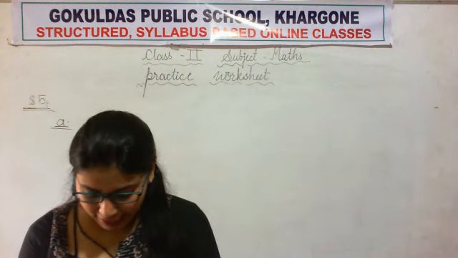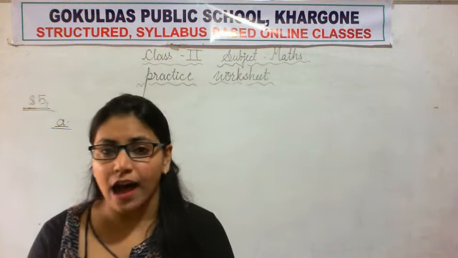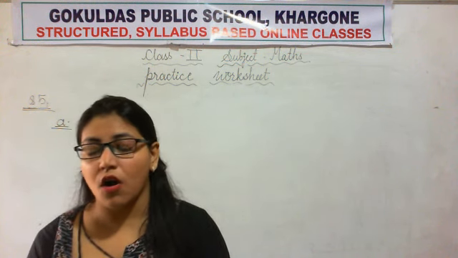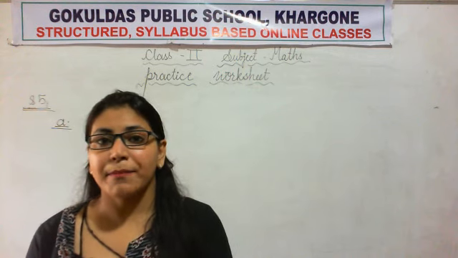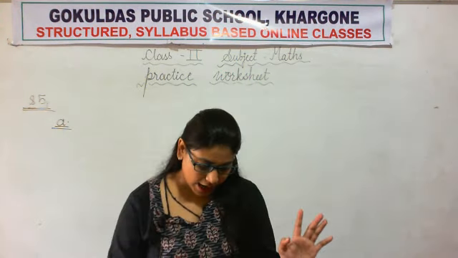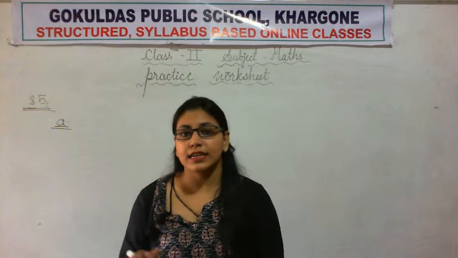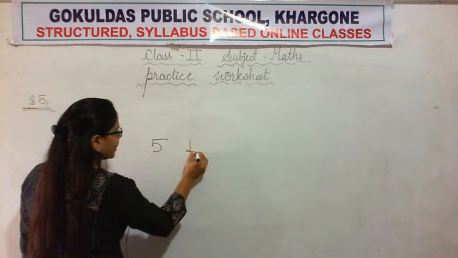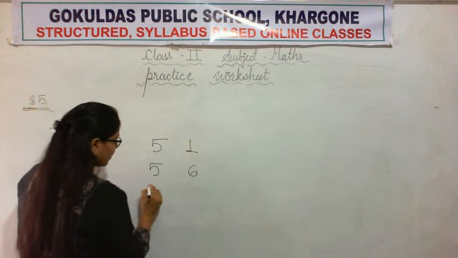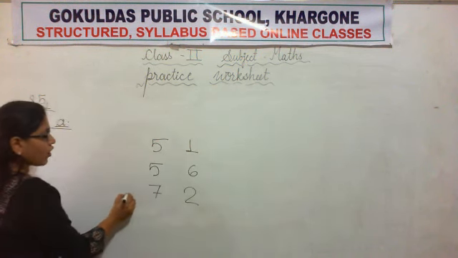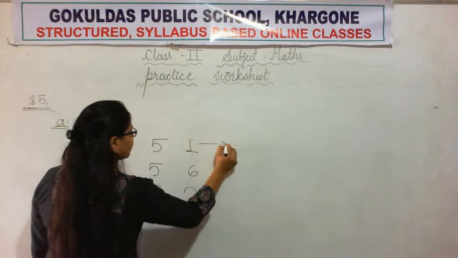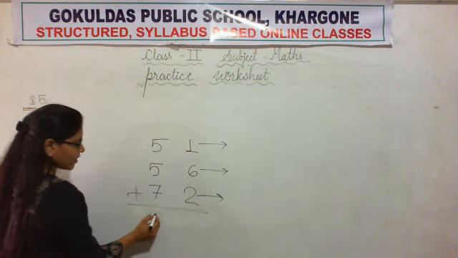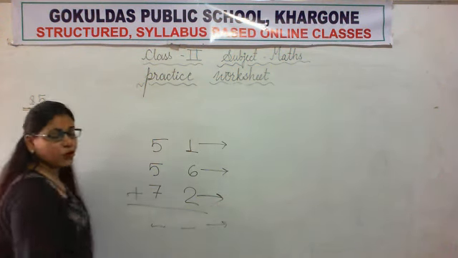Part A: the numbers that are added are called. Remember our first class of chapter 2? In that lecture we discussed what we call them. Let's take an example. This is first addend, this is second addend, this is third addend, and whatever the answer will be, this is sum or total.